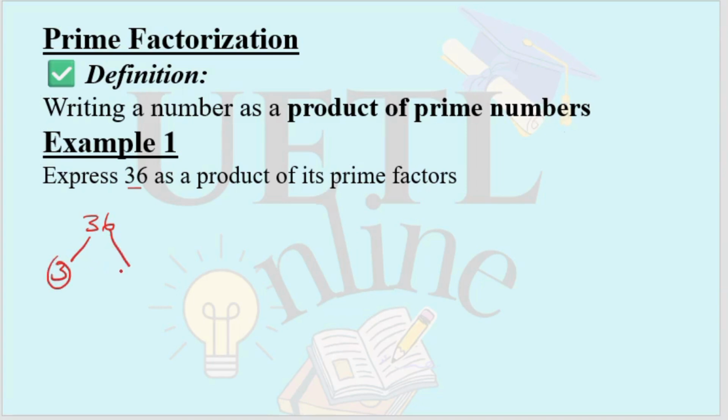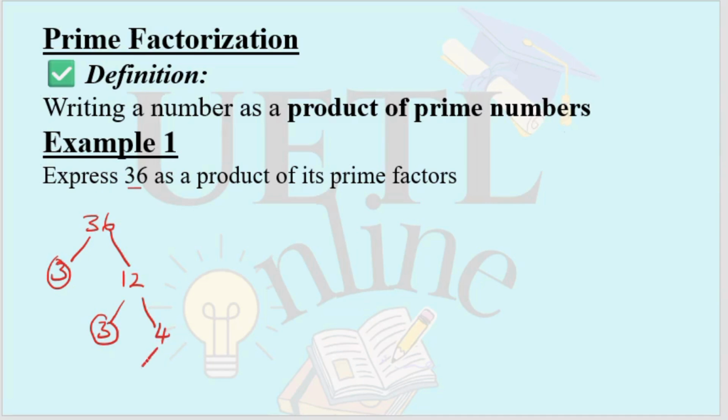and 12 here. Now we have 3, and 3 is a prime number, so this branch terminates here. You have to branch again from 12. Let's say the two factors of 12 are 4 and 3. We have a prime factor 3 here, so we terminate this branch. Let's find two factors of 4, which are 2 and 2.